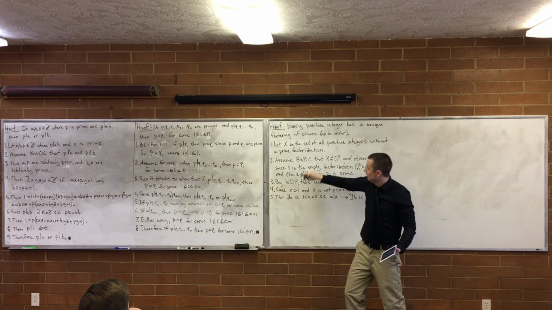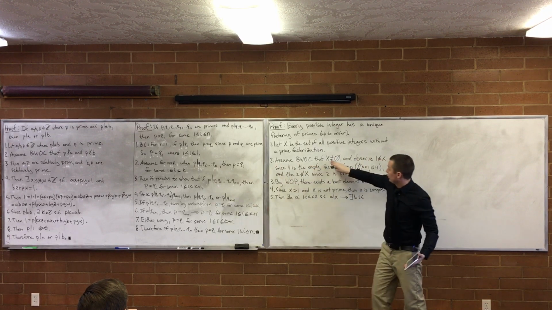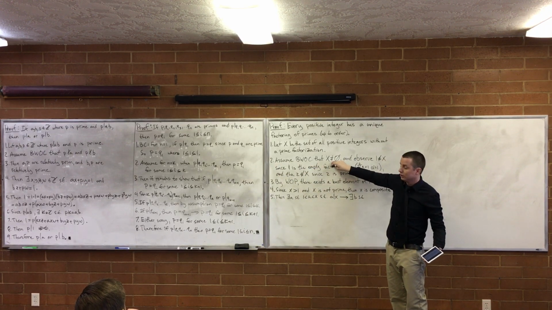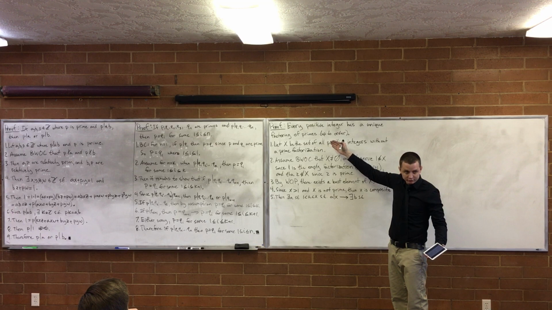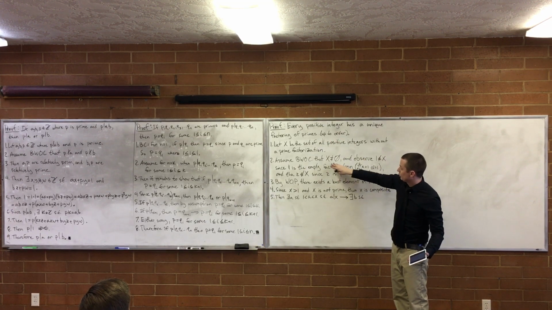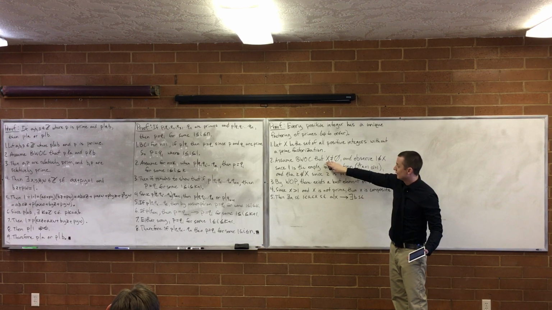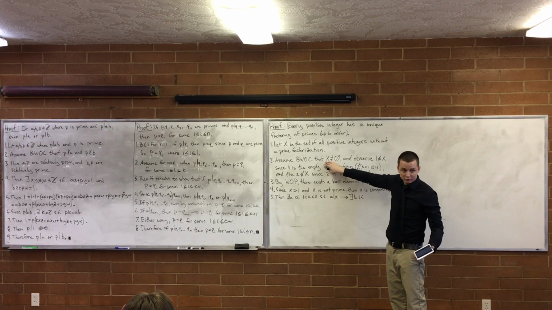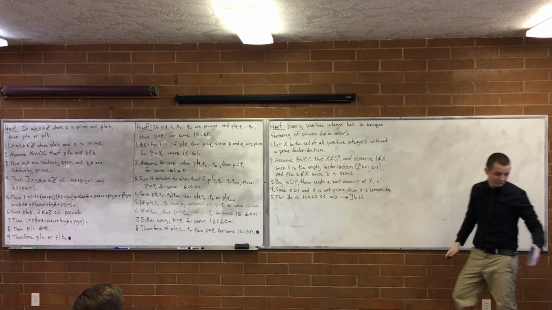Good? Assume, by way of contradiction, that X is not empty. We know that there are no positive numbers that can't be factored into primes. We're going to assume by way of contradiction that there is at least one positive integer that can't be factored into primes. So an impossible statement, right?